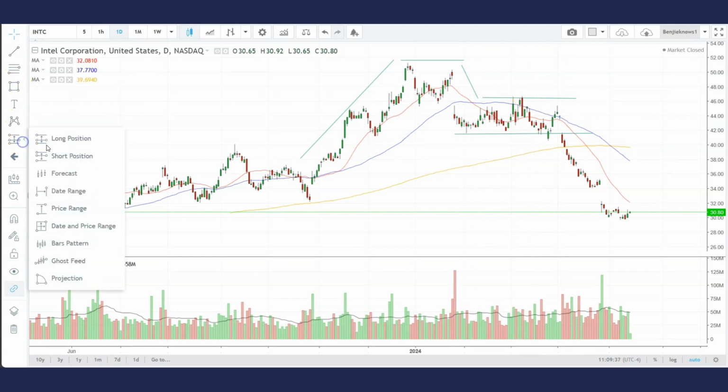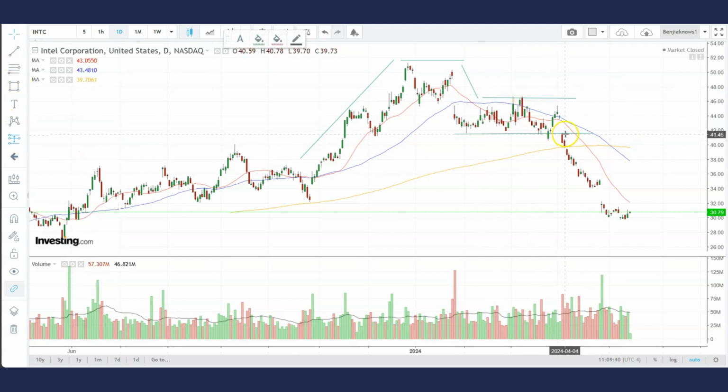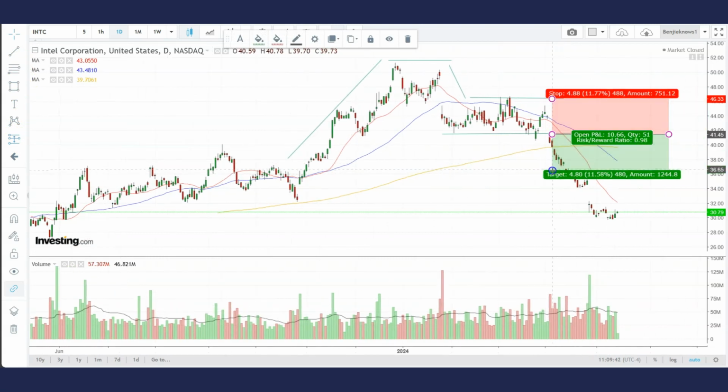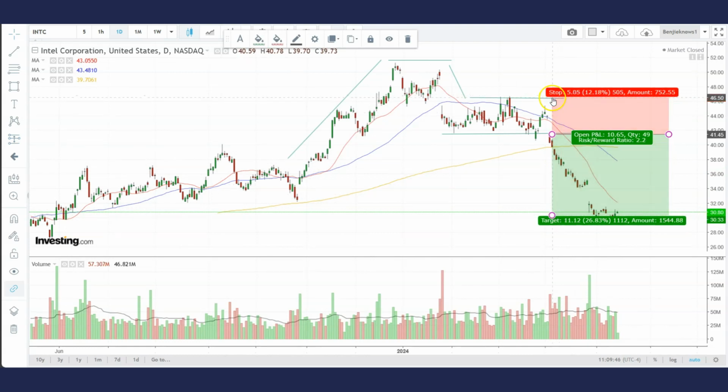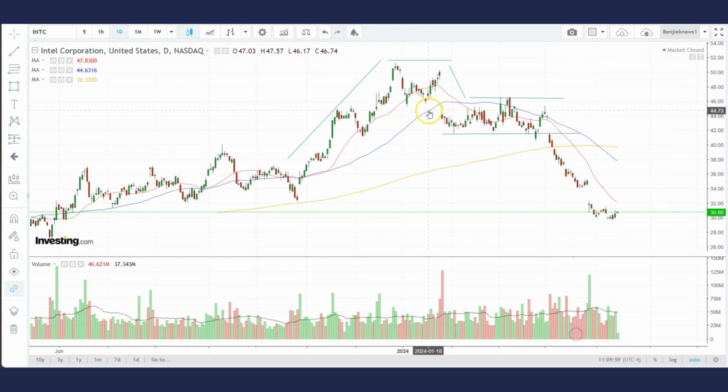So if you take a short position, around here you short it, and let's say it's about here right now, and the stop is here. So it will be a risk-reward ratio of 2.09. All right, quite an interesting chart pattern.